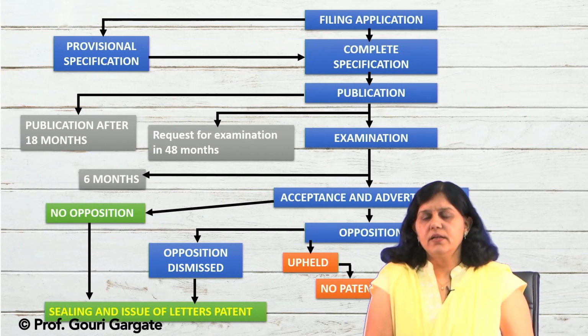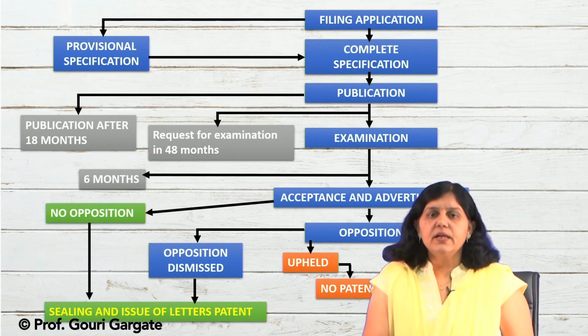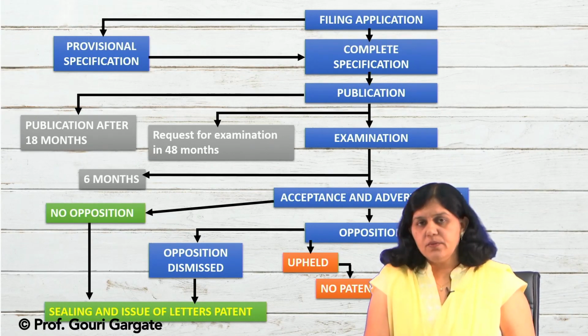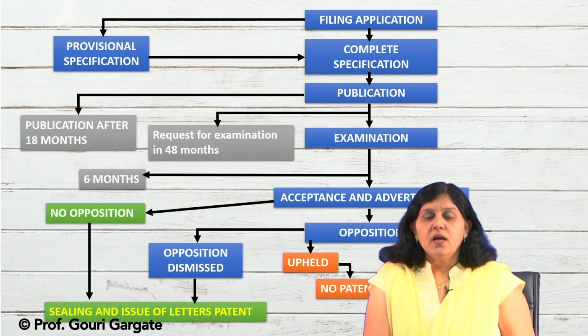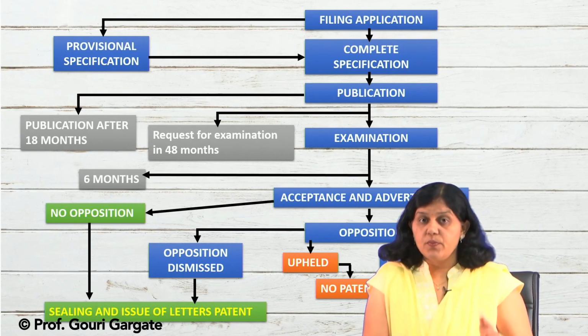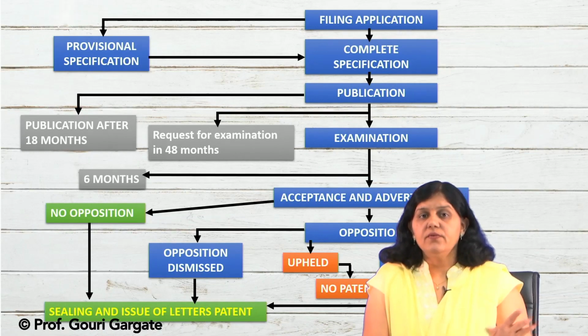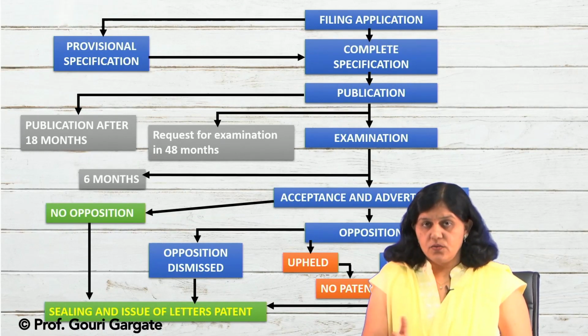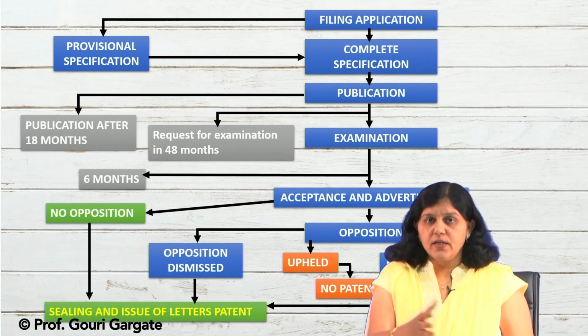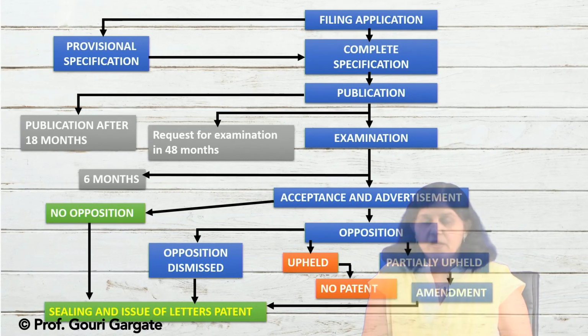So it is a little bit of a serious stage, and therefore you should note that only a person skilled in the art has the right to file that post-grant opposition. If the opposition is dismissed, then the patent will be granted. If the opposition is upheld, the patent will not be granted. So, depending on the opposition, either it will be granted or it will not be granted.